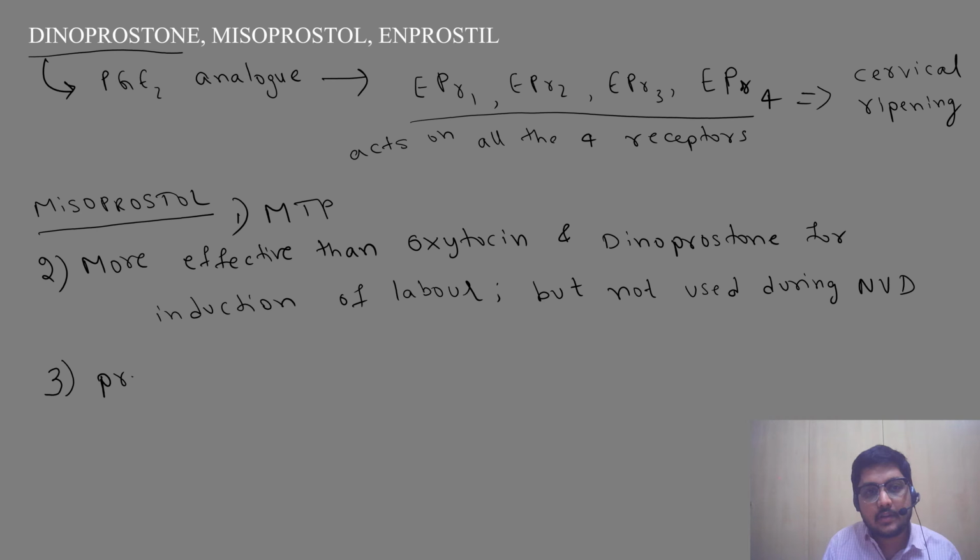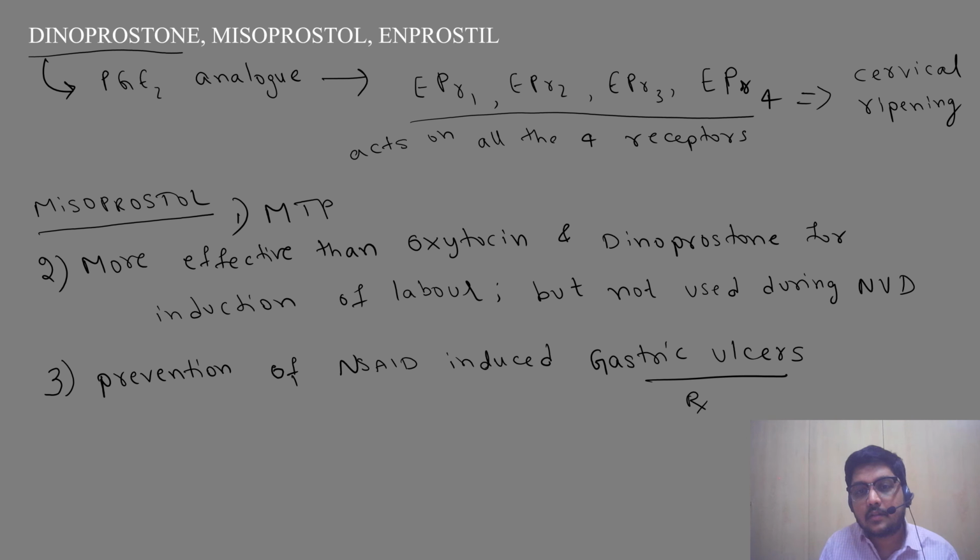And the other condition where misoprostol is used is for the prevention and healing of NSAID induced gastric ulcers. What is the primary drug of choice for gastric ulcer? The primary drug of choice is proton pump inhibitors. Misoprostol is also used, but the primary drug of choice is proton pump inhibitors.